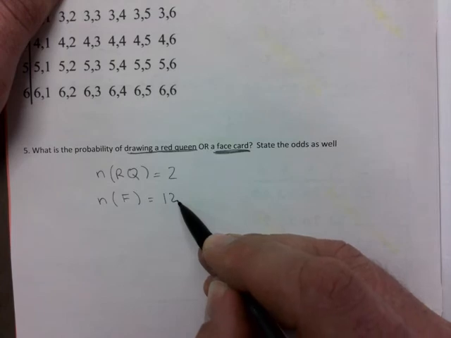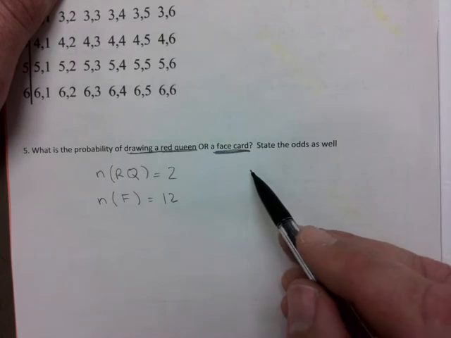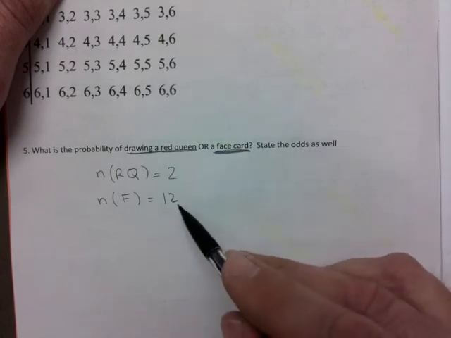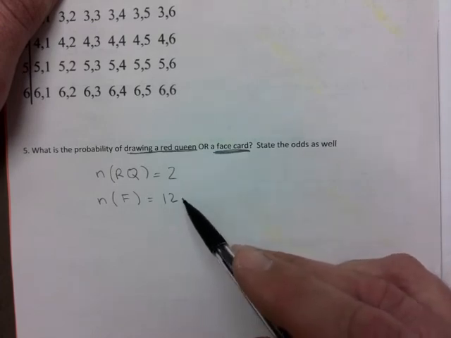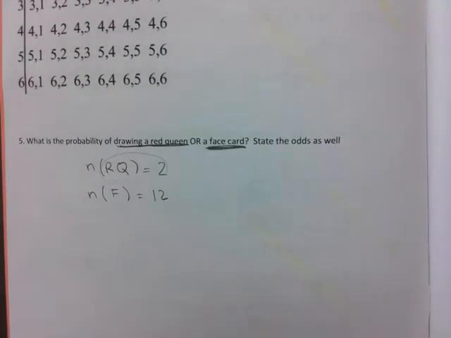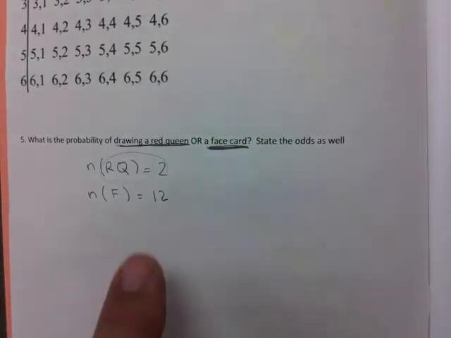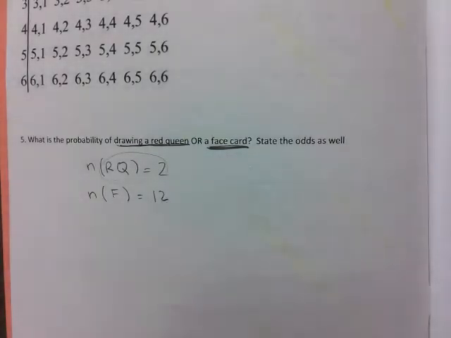Okay, so we know that if you have your 12 face cards, these 2 red queens would be part of it, right? It would be part of the face card category. So you technically don't have to add it, like you would be adding it twice if you add both sets up.